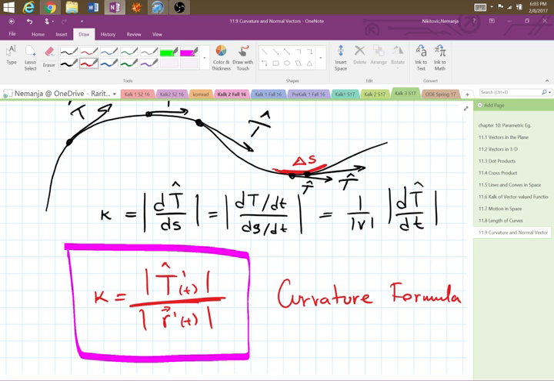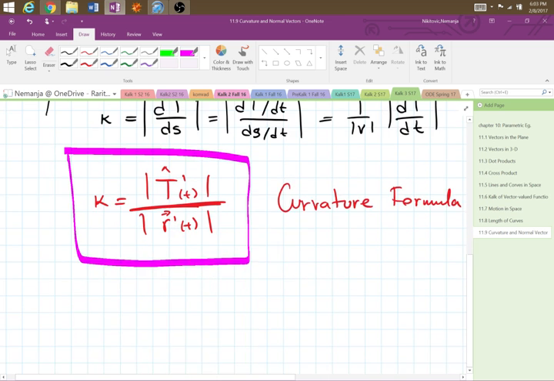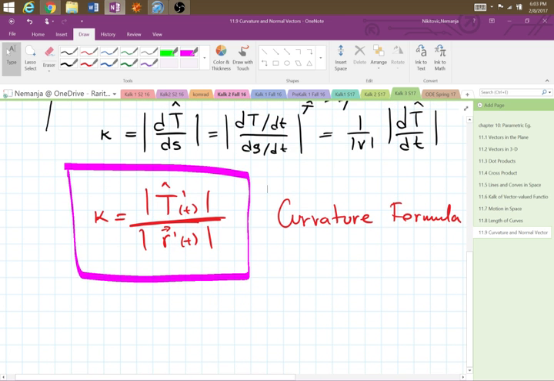Yes? Why is 1/v there? Meditate on that one. When you get a chance. Question is, where is v coming from?